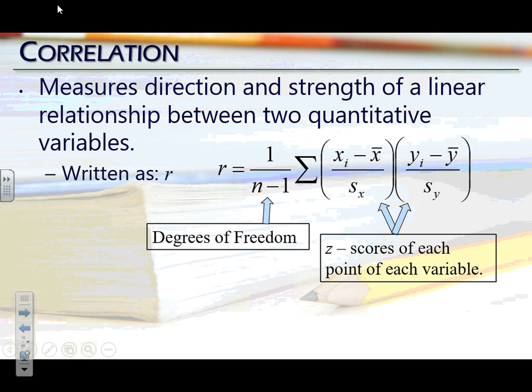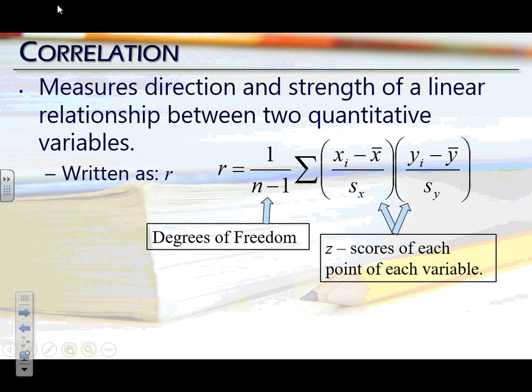We calculate the z-score for every single y value. We multiply them together, so each corresponding x and y gets multiplied together. We add them all up, divide by our degrees of freedom. Okay? And we're going to talk about a way to organize this so it makes it a little bit easier. It's just like a process that you go through to calculate them out.